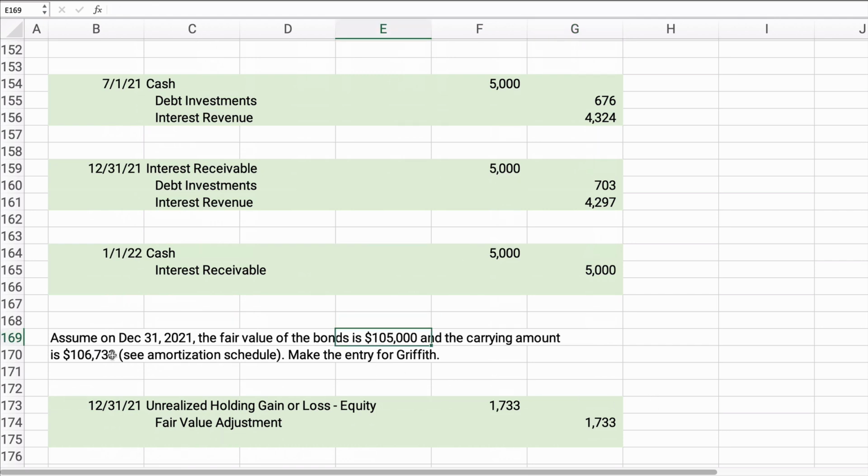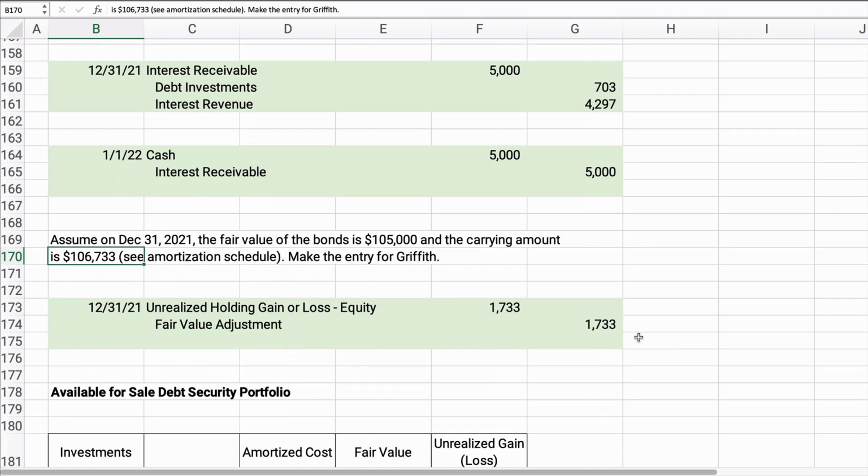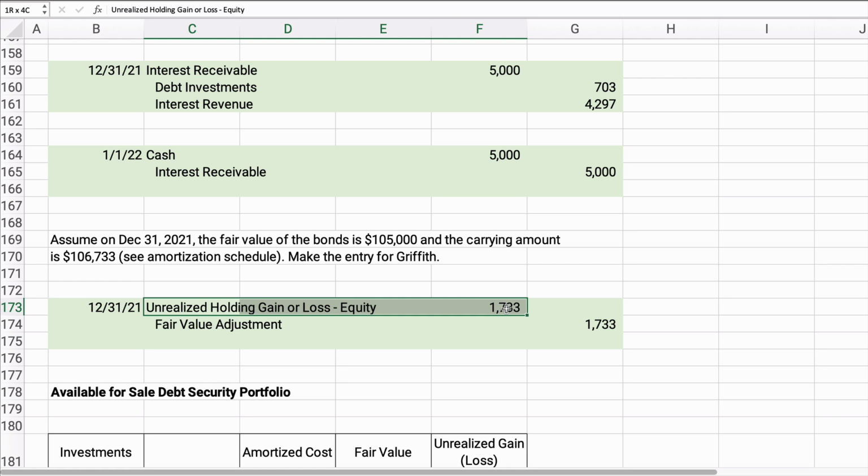So it's at 105, even though it's on the amortization schedule at 106,733. We need to debit the unrealized holding gain or loss for equity, and then we have a fair value adjustment that's a credit for 1,733. The difference between the 105 and the 106,733.